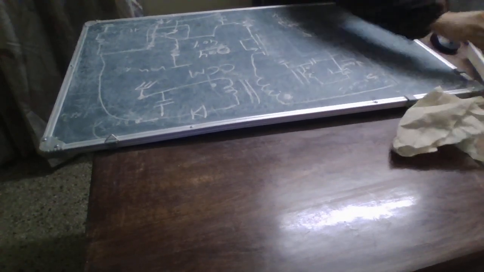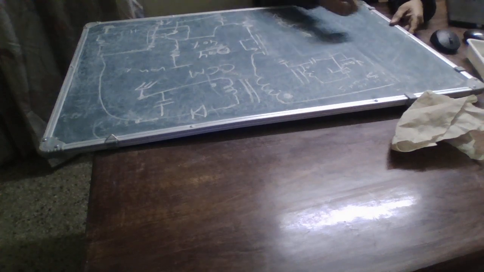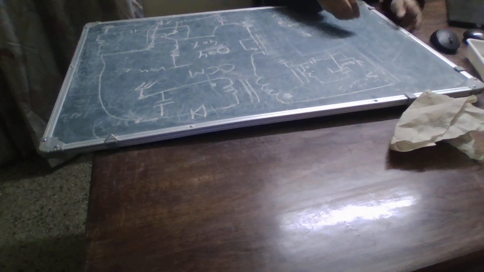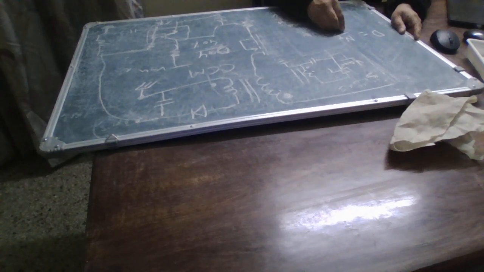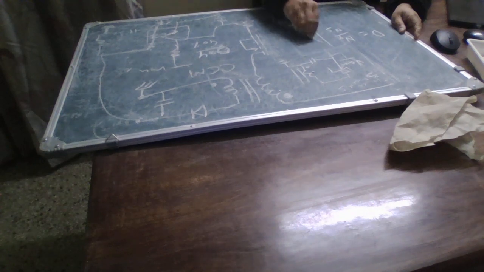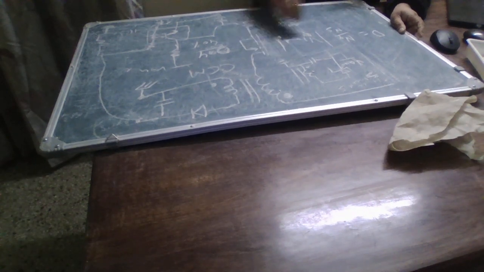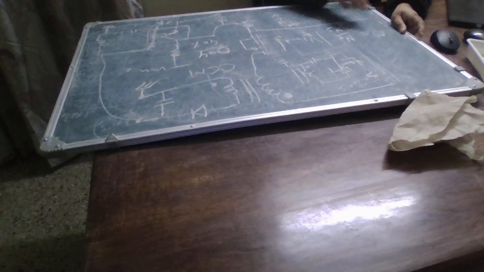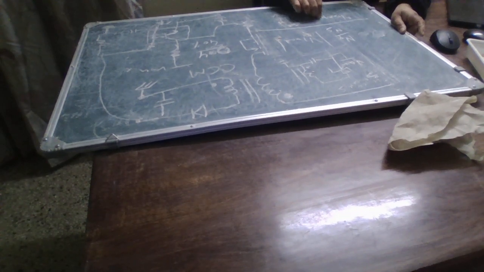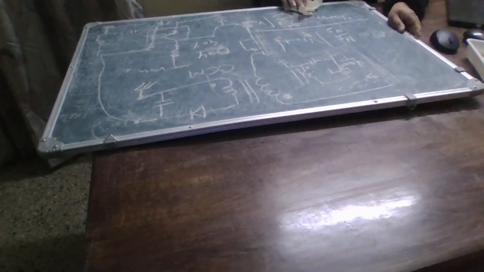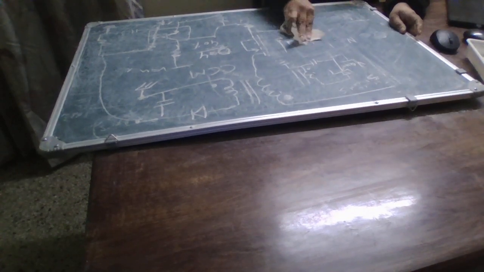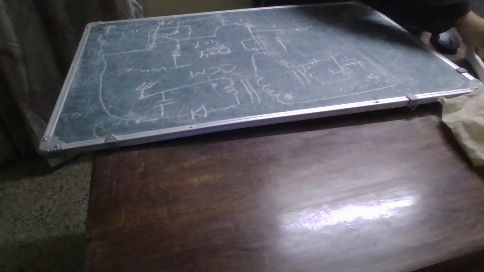What I have said is that D is equal to NP by NS times V load, divided by V supply plus NP by NS into V load. This was the formula we have to use to calculate the number of turns. So let's rearrange it, taking terms to that side.